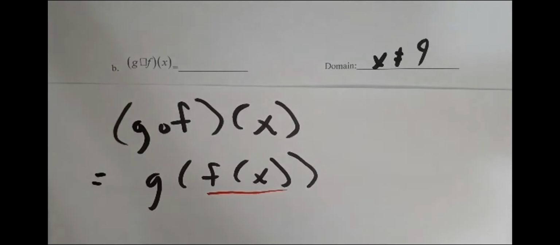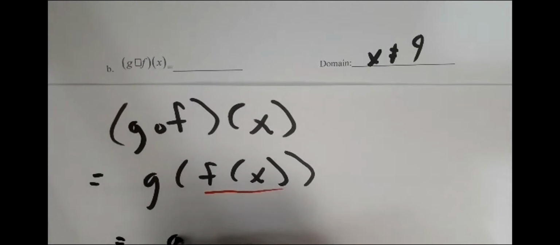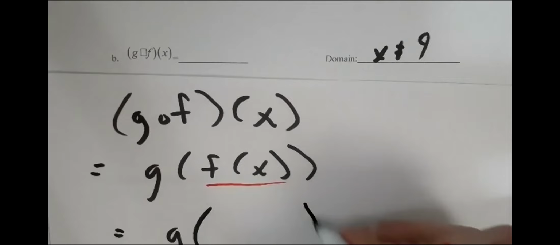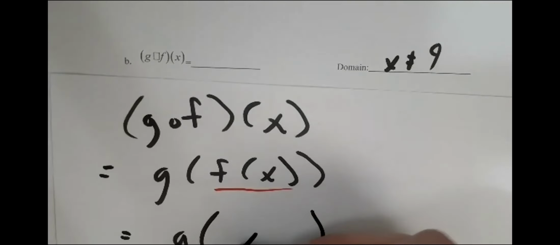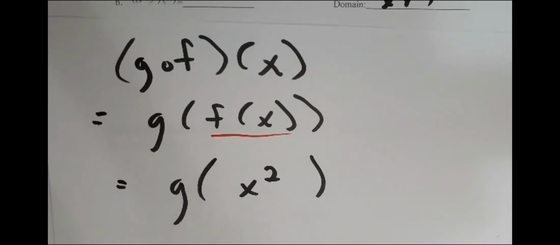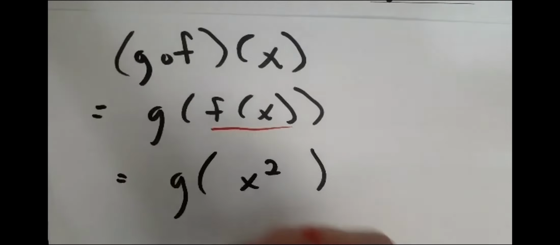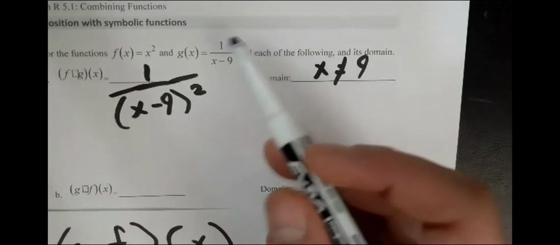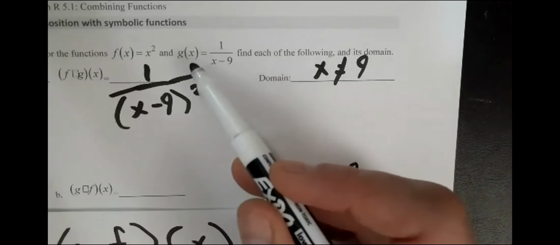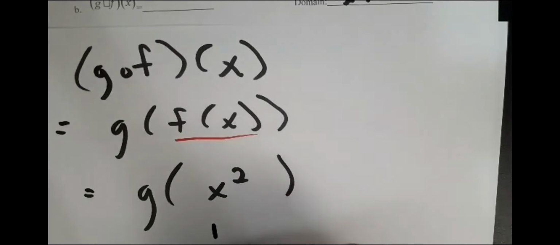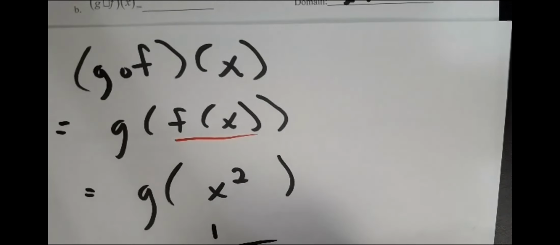So I will look at my f of x. My f of x is the first thing I want to plug in. That looks like x squared. Now I'm plugging an x squared into my g function. So my g function looks like 1 over x minus 9, and I'm plugging in x squared here. So what this should look like is 1 over x squared minus 9.